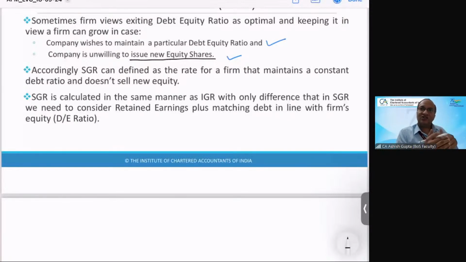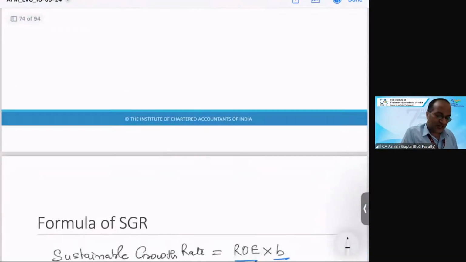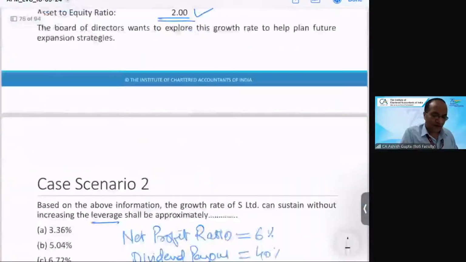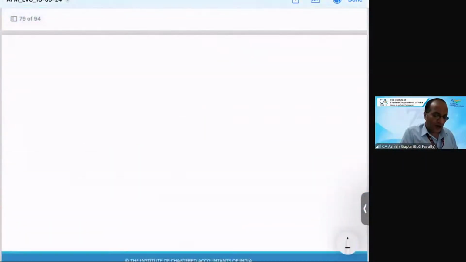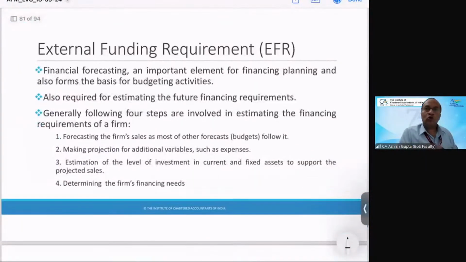So when there is a variation in these conditions, then the concept of external funding requirement comes into the picture, where we have to see how much funds we have to generate from outside so that our conditions are met.